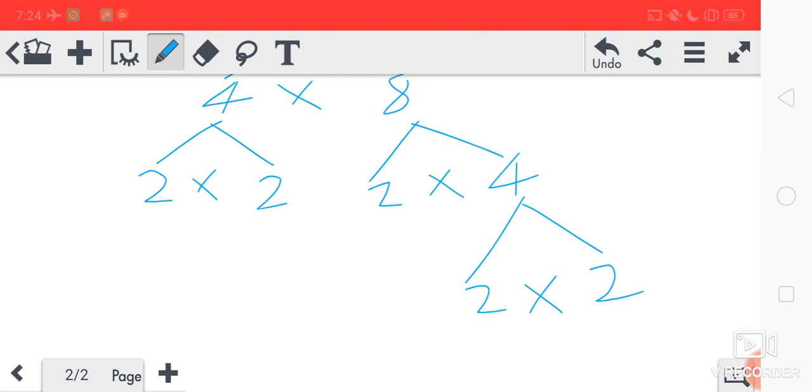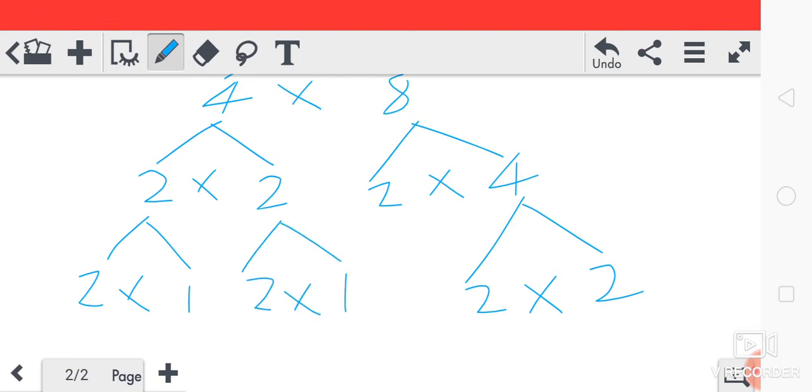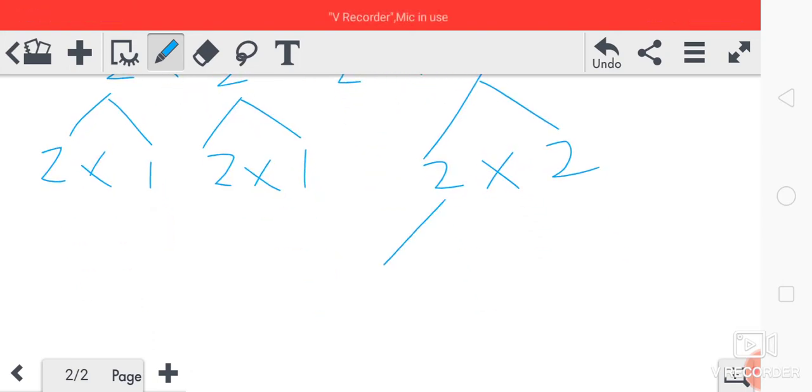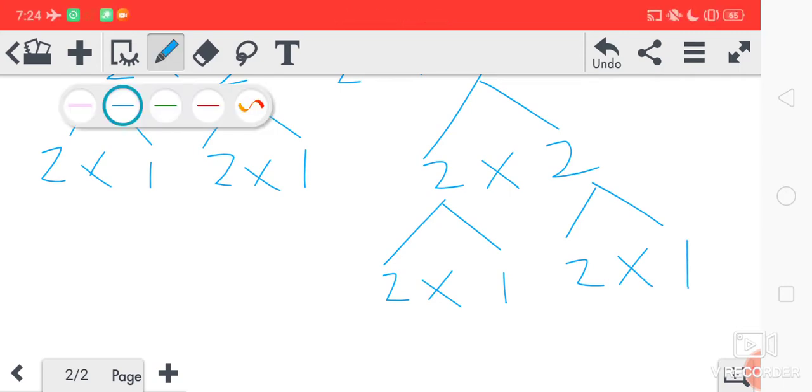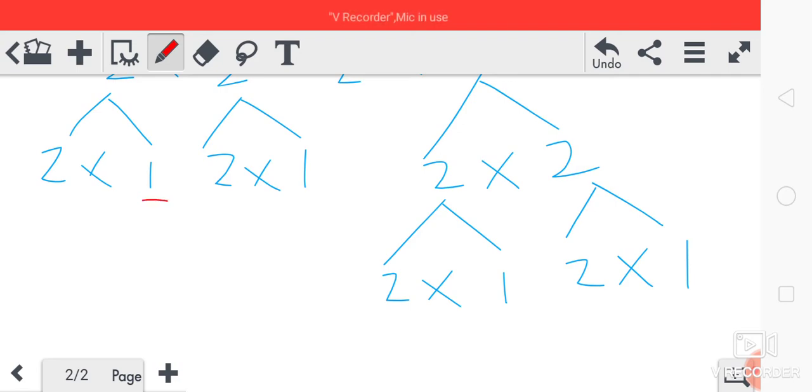Now this 2 we can write as 2 into 1, and this 2 we can write as 2 into 1. 1 we have got. Again this 2 we can write as 2 into 1, and again this 2 into 1. Now everywhere we have got 1, 1, 1. Here we have got, here we have got, here we have got.